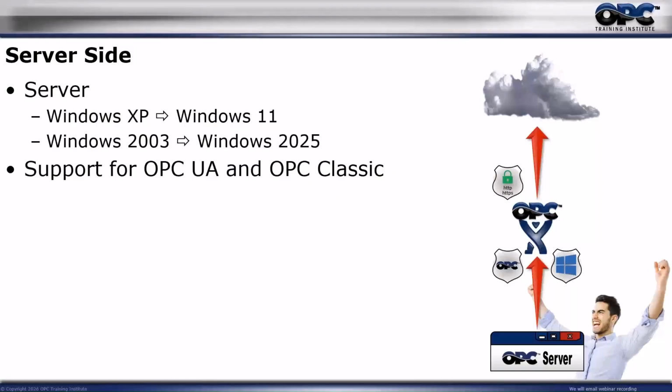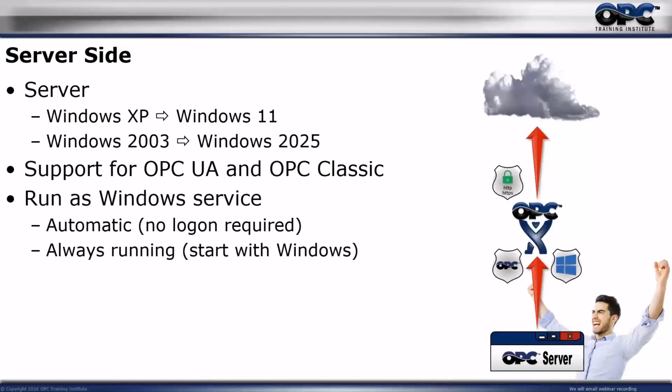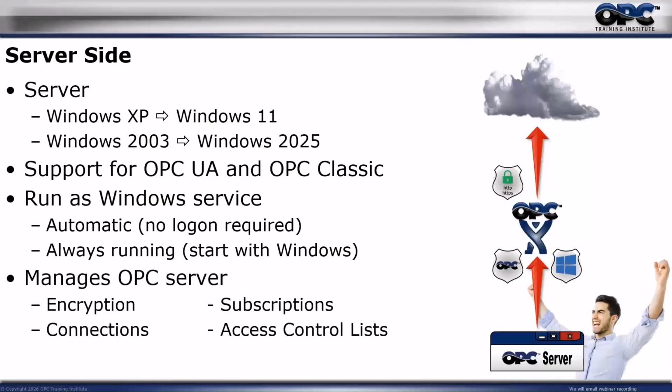There is complete support for OPC UA and also for OPC Classic, and it runs as a Windows service, meaning as soon as your computer reboots, it starts immediately. So it's always running. It's automatic. There's no log on required. You don't have to put it in auto start. It's a service. It will start immediately with Windows, making it very reliable.